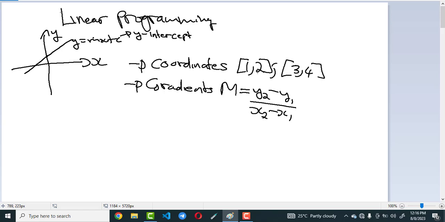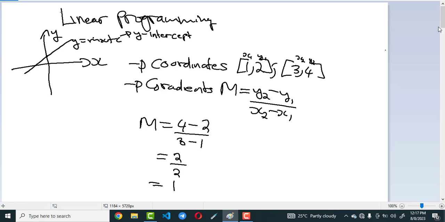Using these coordinates, this will be our x1, this our y1, this our x2, and this our y2. So 4 minus 2 over 3 minus 1, which is 2 over 2, giving us a gradient of 1.